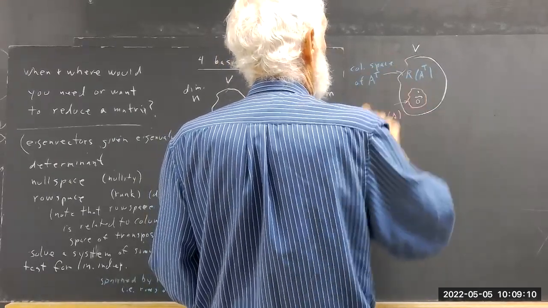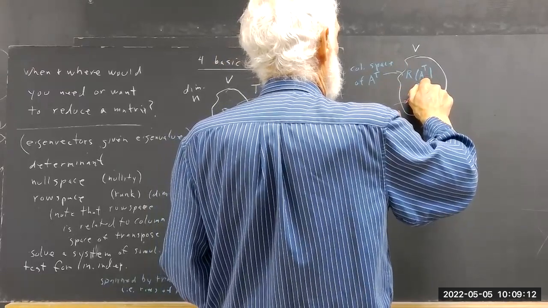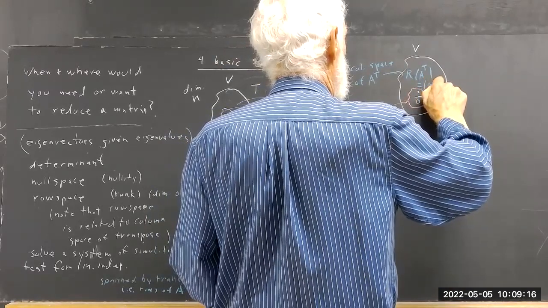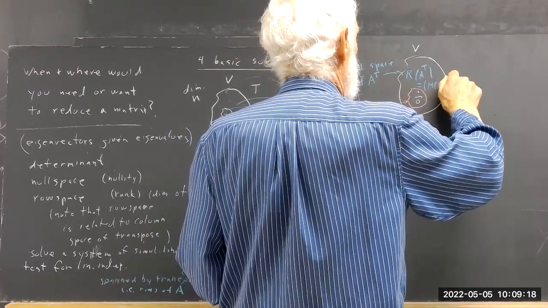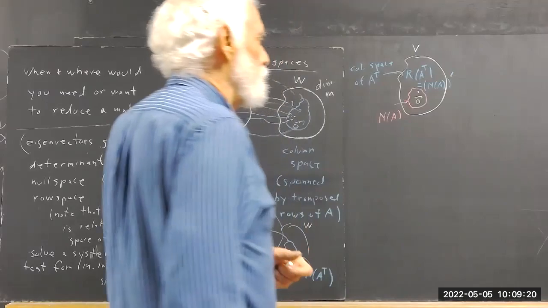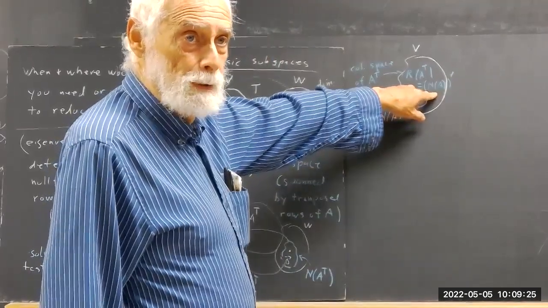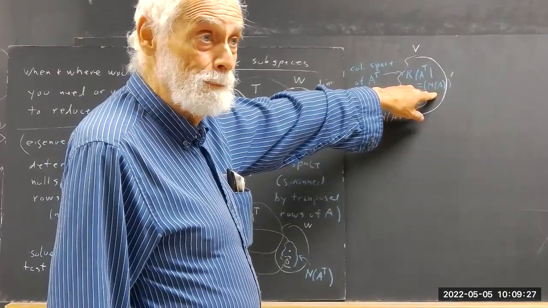So this is column space of A transpose, and this equals the complement of the null space of A. Now, I don't remember what symbol your book uses for complement.